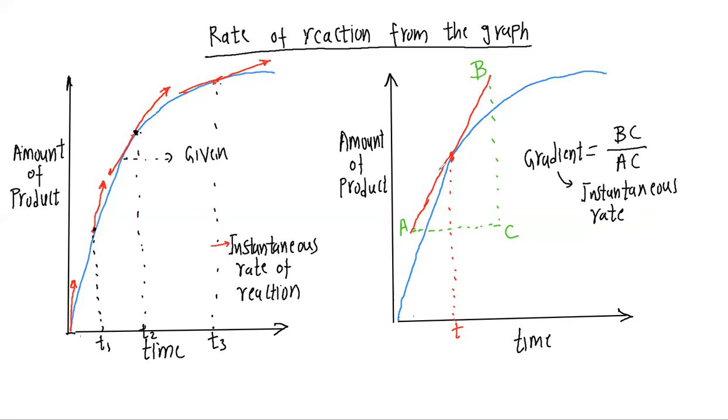Now, what should be another observation? A very important observation that you must be smart enough to understand is the initial rate, because this tangent appears to be almost vertical, and this tangent has the highest gradient. That is the initial. So what does it indicate?